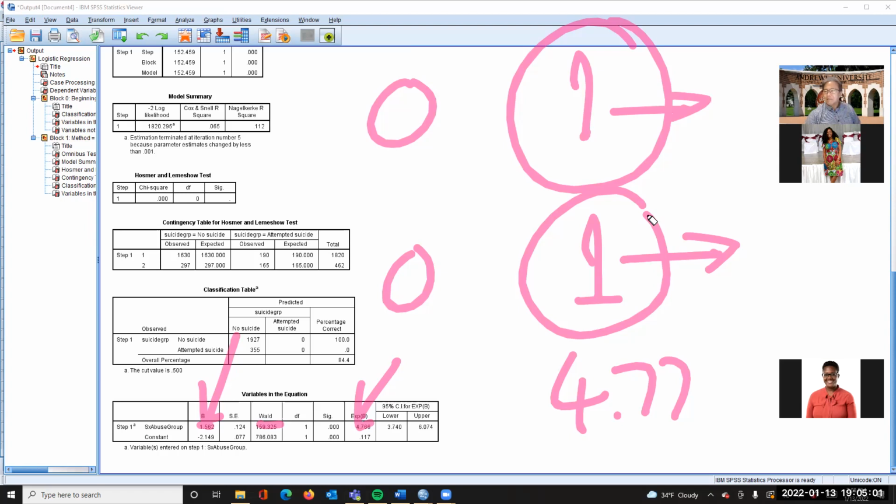Okay. I suppose another way to do that is you can say people who have been sexually abused are 4.77 times more likely to attempt suicide.